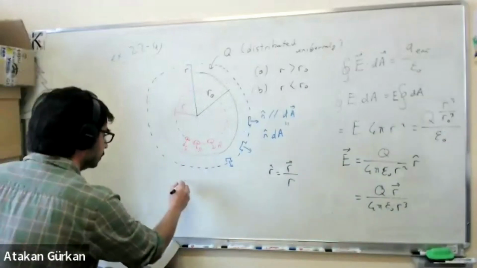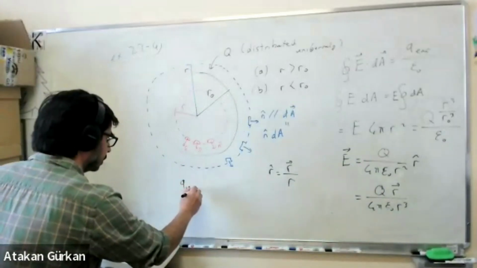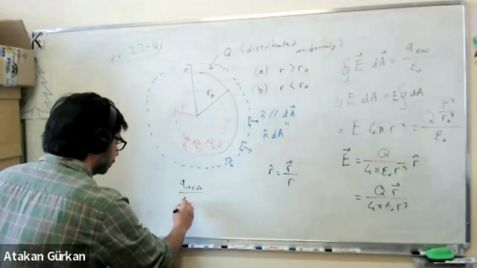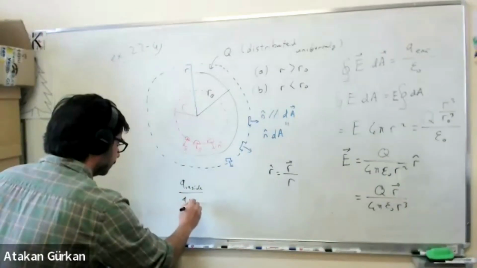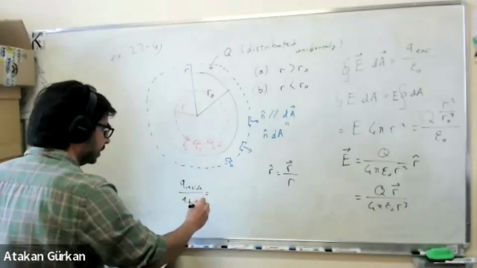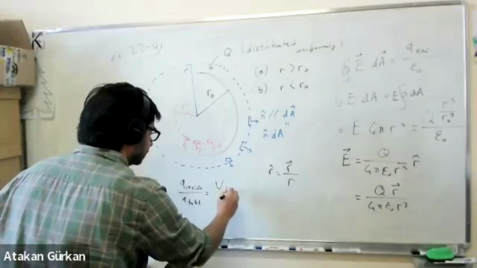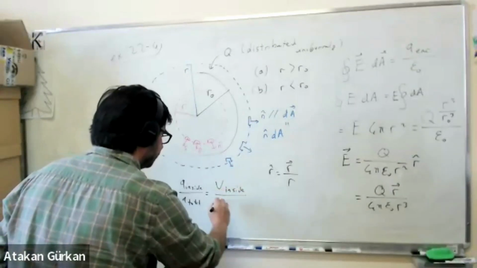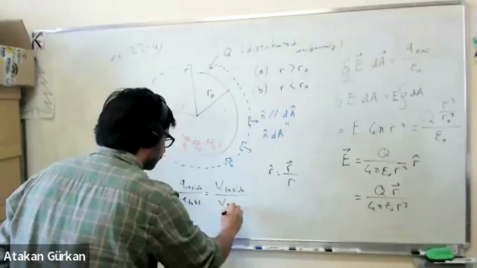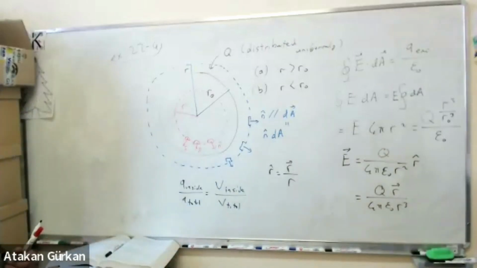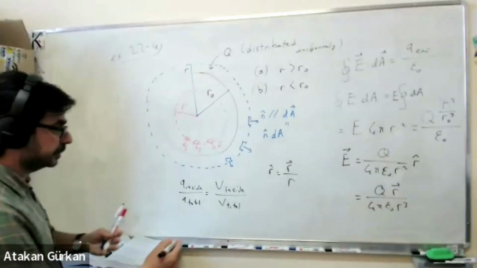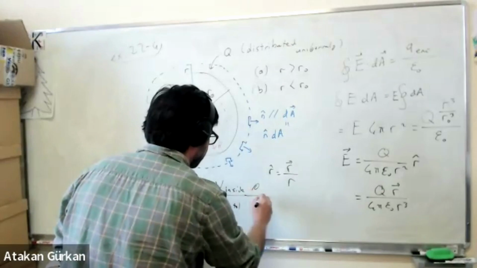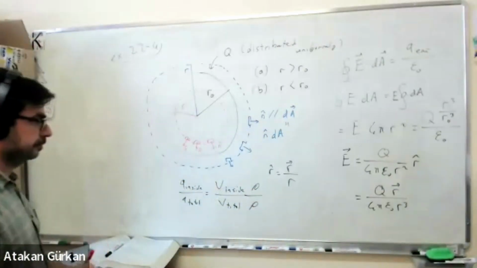Well, Q inside over Q total has to be V inside divided by V total. Why? Because if I multiply all of these by my charge density, then this works.